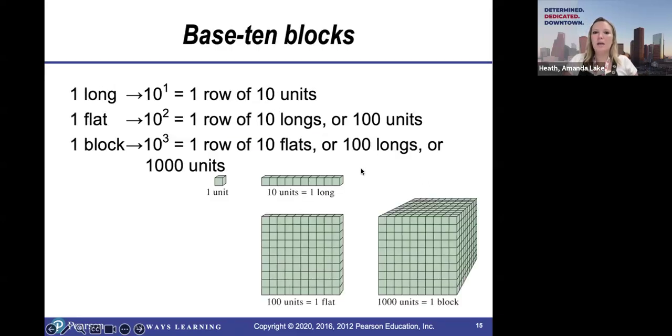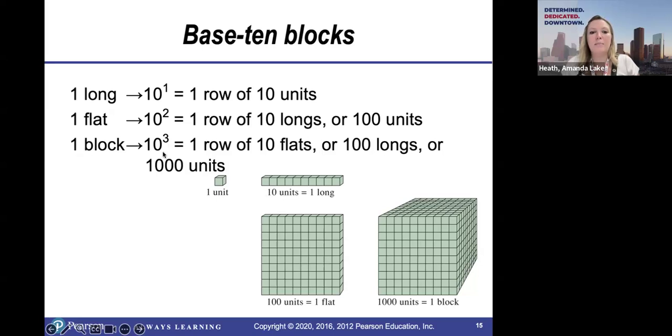1. All right, so a really useful tool for this course is going to be using base 10 blocks. Your book uses a little bit of different vocabulary than I'm used to, but they call a long one of these bars that has 10 unit blocks in it. A flat is a 10 by 10 flat square.